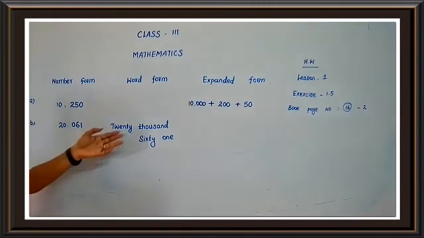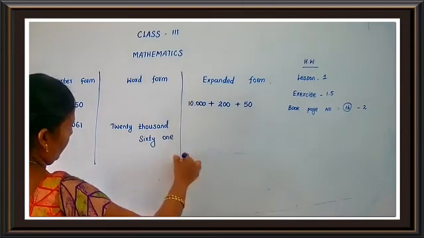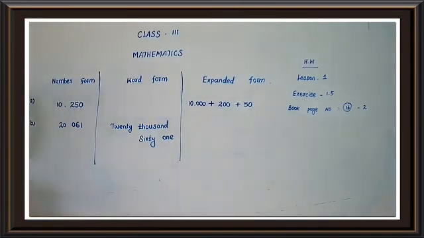I have no place, so I am writing down. Write in a straight line. Don't come to the next line. Okay? 20,000, 61, so 20,061. All of you have it written.